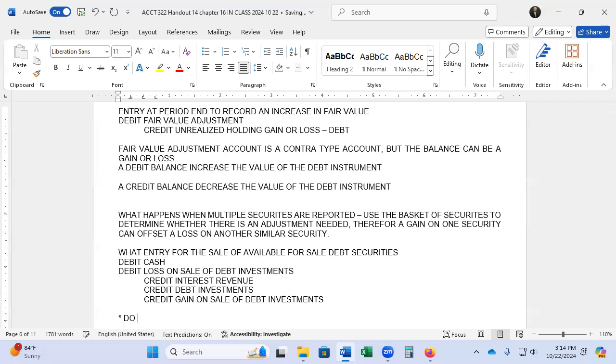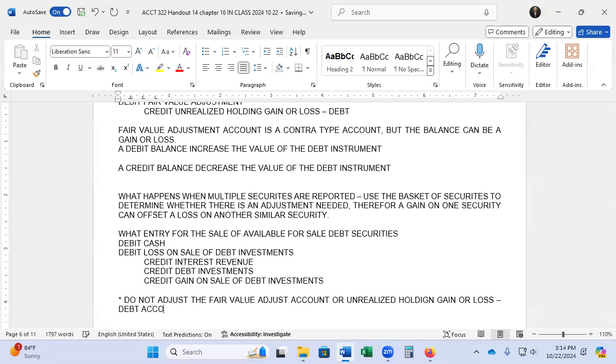A little note, do not adjust the fair value adjustment account or unrealized holding gain or loss for debt accounts. Sorry, this account did them separately.